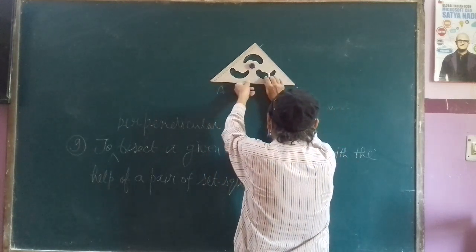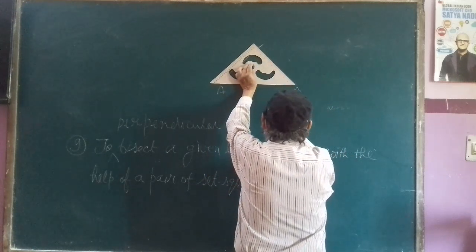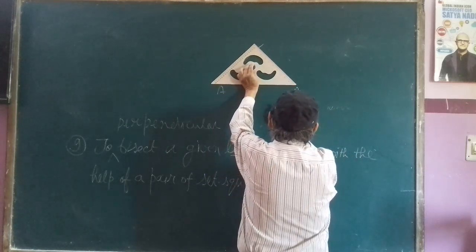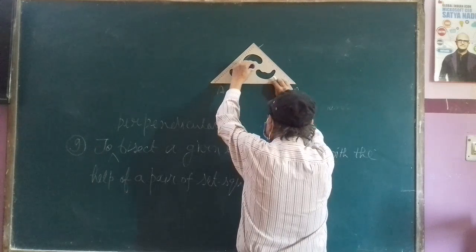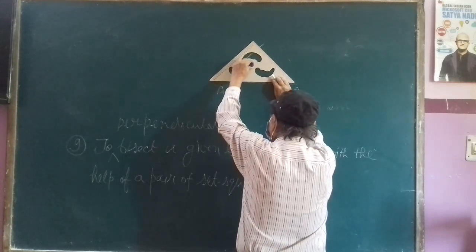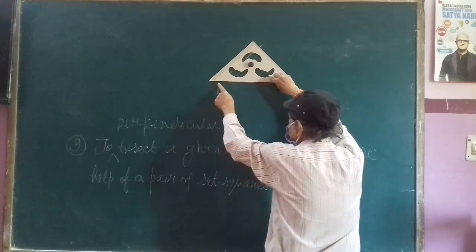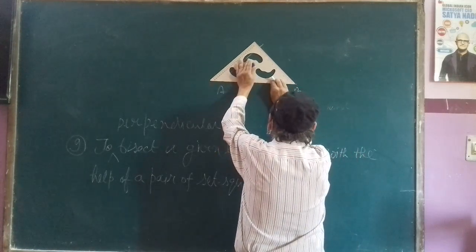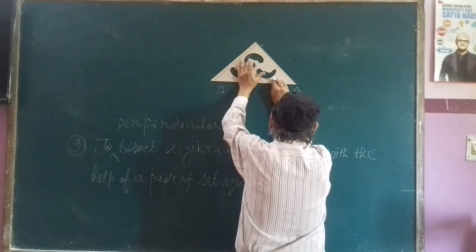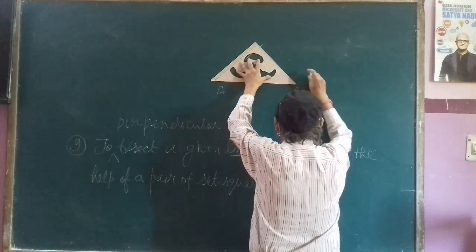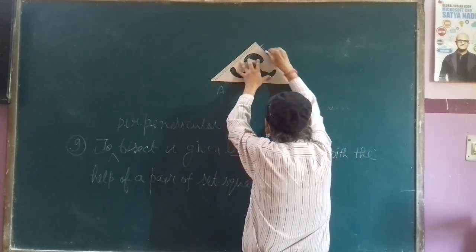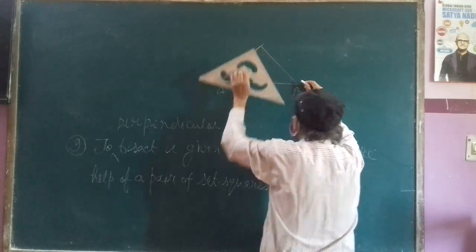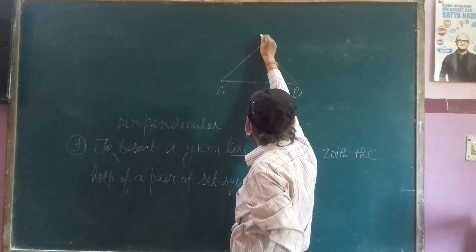You have to hold it like this, very tightly. First put this side along AB, ensure it. Then you finally draw the line. It is okay now. This is C.